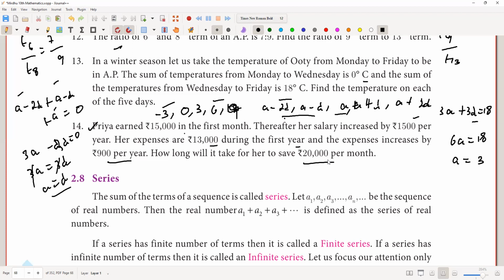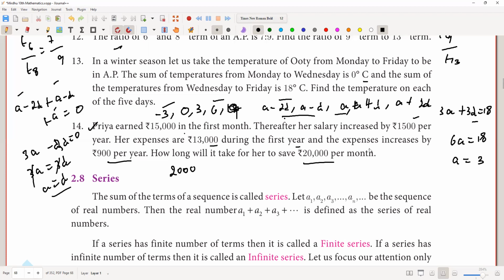From that, every year, she is getting 1,500 increment. So in the first year it will be 2,000 savings per month.